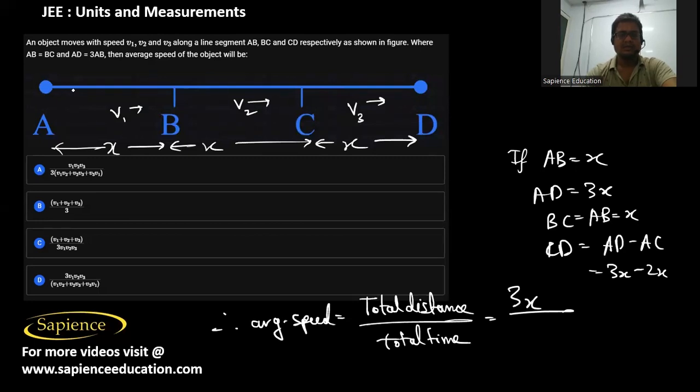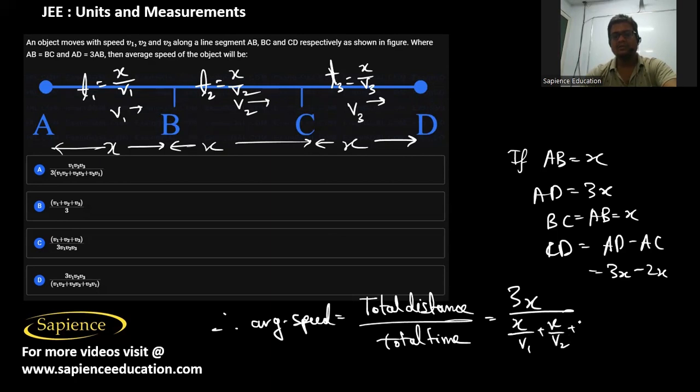The time required to cover the distance AB is t1, that is x by v1, the time t2 required to cover the length BC is x by v2, and the time t3 required to cover the length CD is x by v3. So this is x by v1 plus x by v2 plus x by v3.